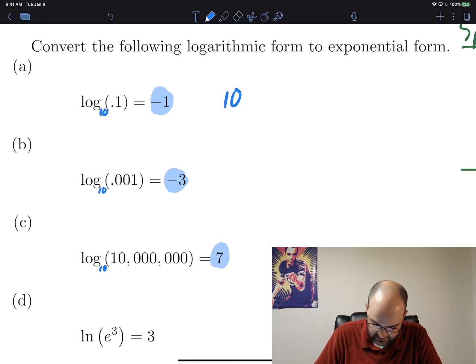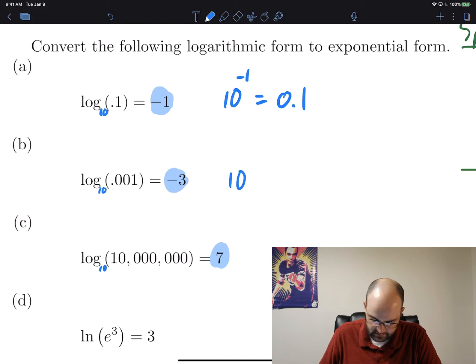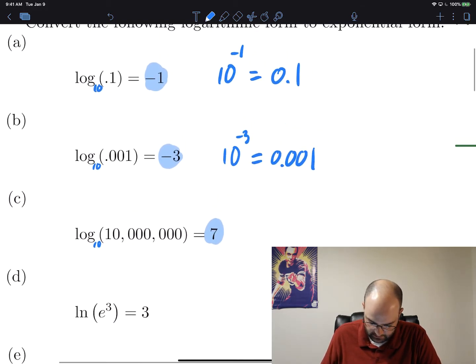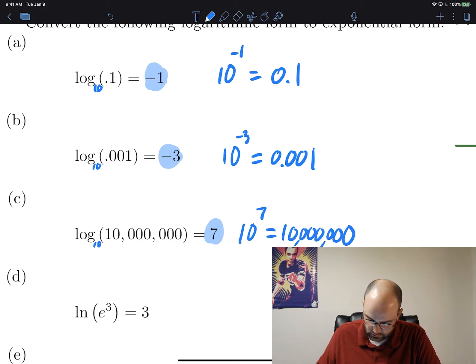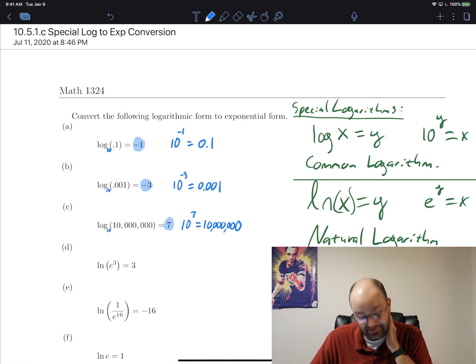So base 10 to the -1 equals 0.1. For the next one, base 10 to the -3 equals 0.001. And then base 10 to the 7 is equal to 10 million. That's pretty much it for the first 3.